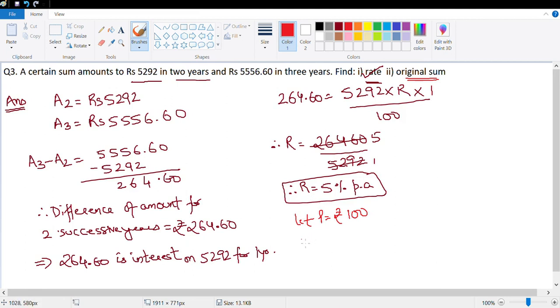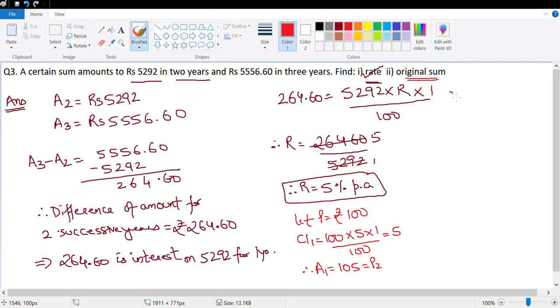Let's calculate compound interest 1. So compound interest 1 will be equal to principal into rate 5 into time upon 100, which is equal to 5. Therefore, A1 will be equal to 105, which will be equal to P2.